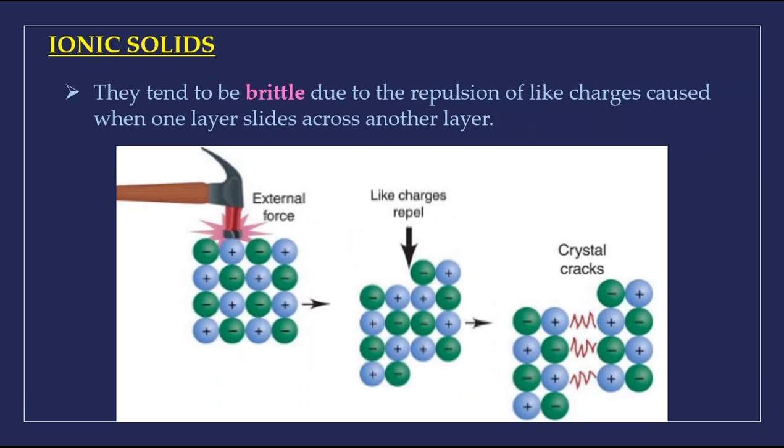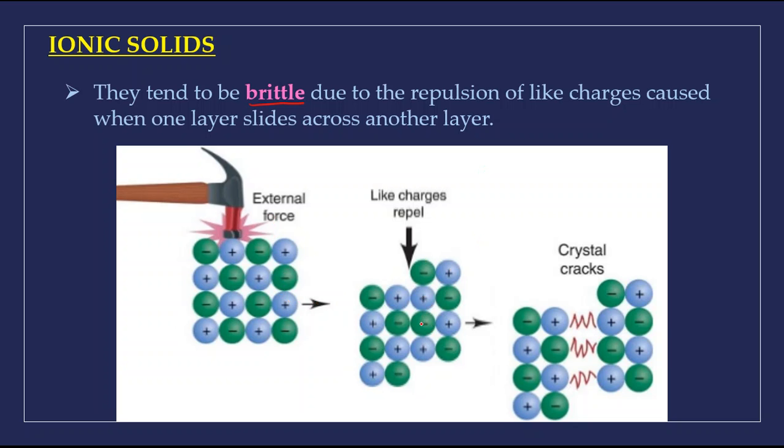This is a little nuance that they don't go over in Unit 2, but this is what you need to know about why ionic solids are brittle. The idea of that brittle property. If you hit or apply a stress to an ionic crystal, it ends up shifting the ions.